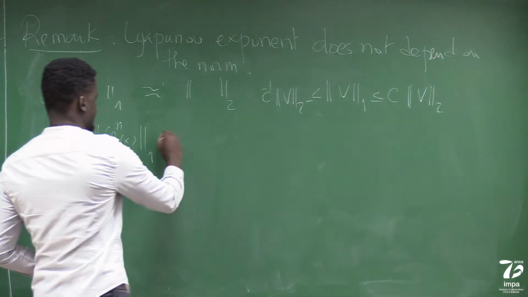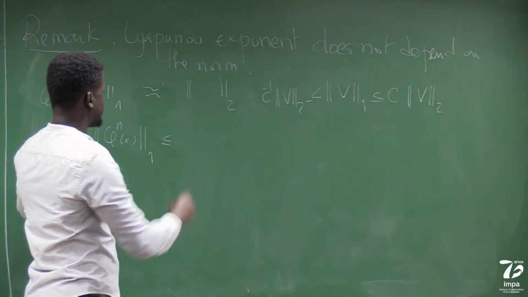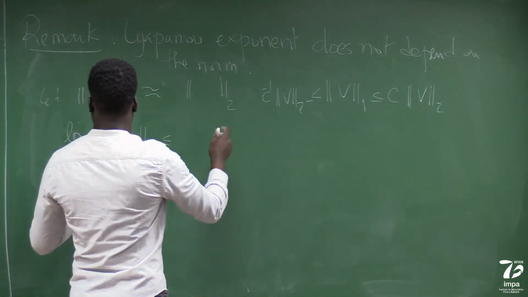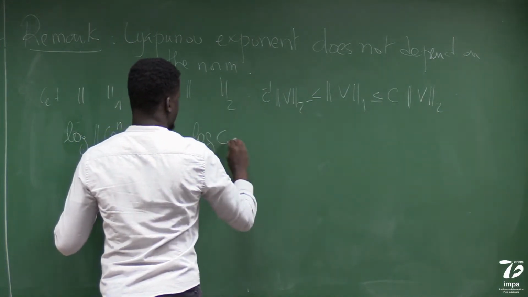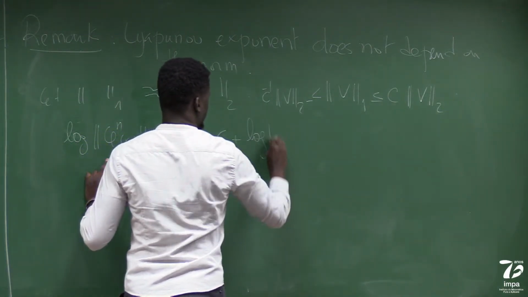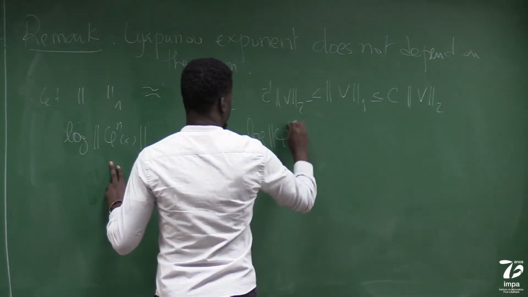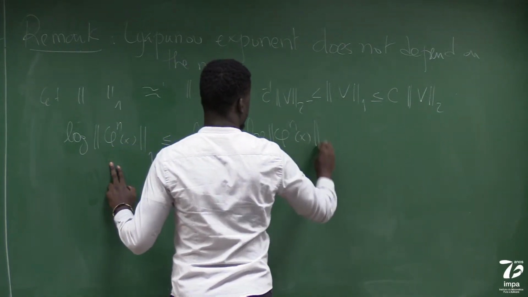This is less or equal to log of c plus log of the norm of Vn x with respect to norm 2.